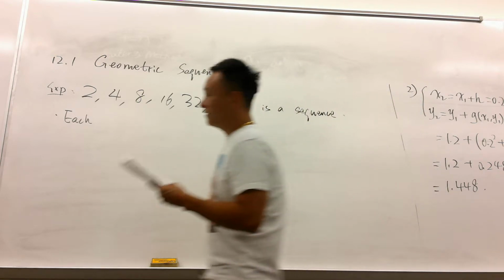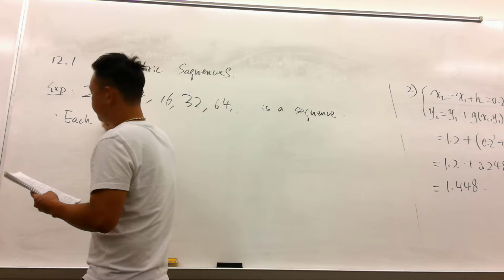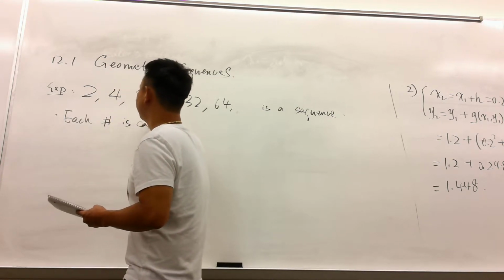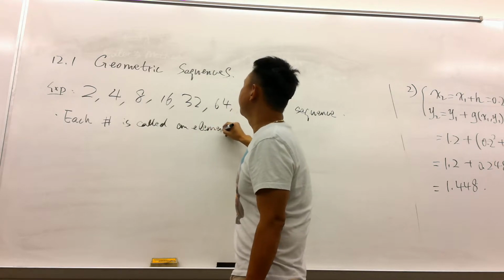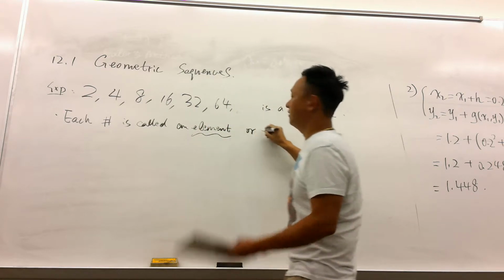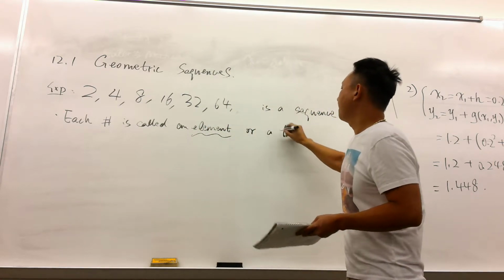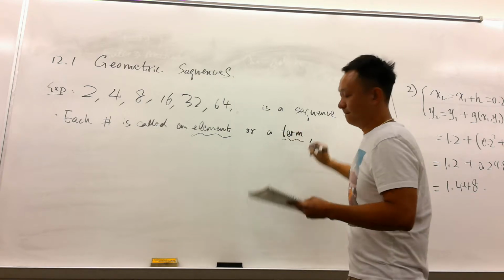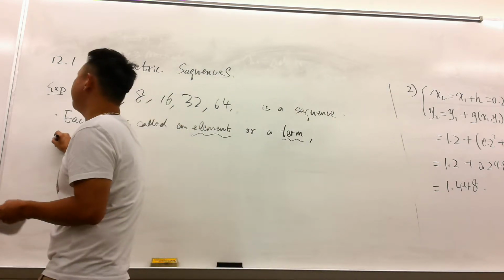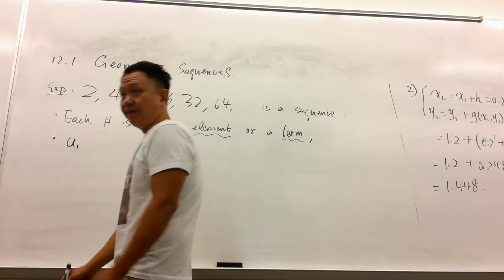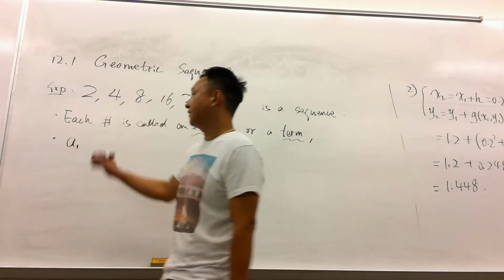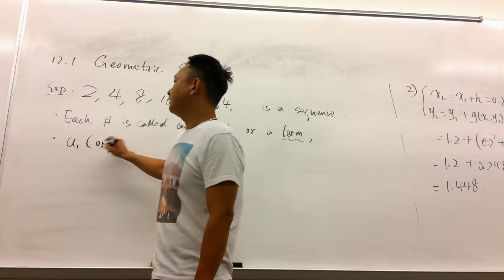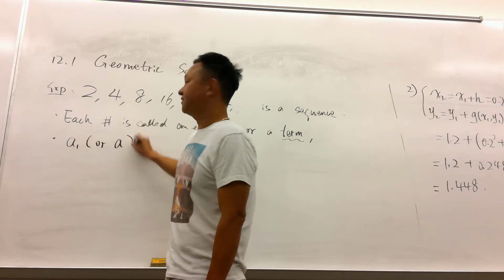Each number is called an element or a term. A1 usually denotes the first term, or we say the first element. Also, we sometimes denote the first term as just A.